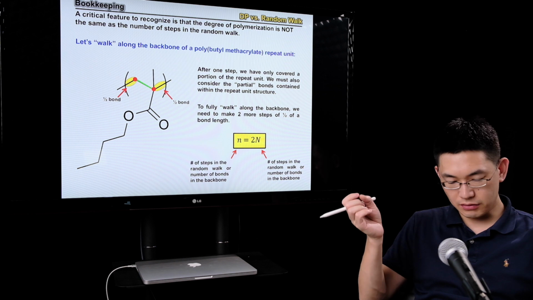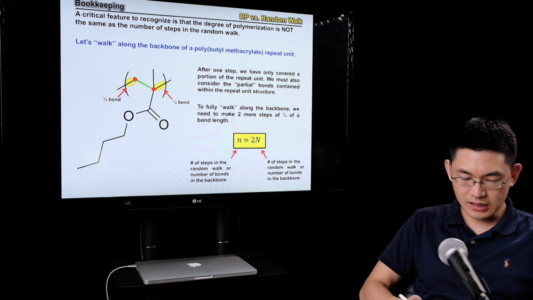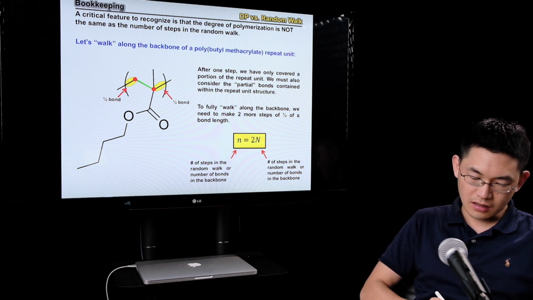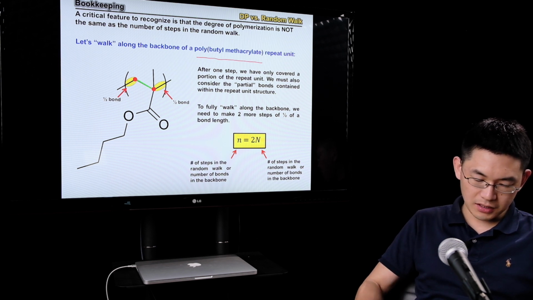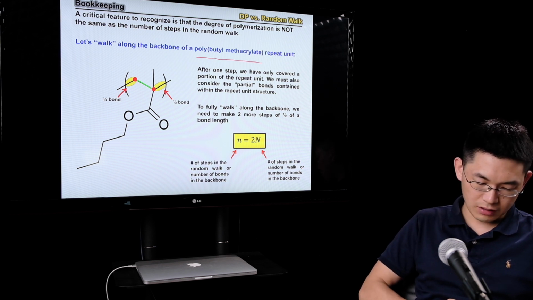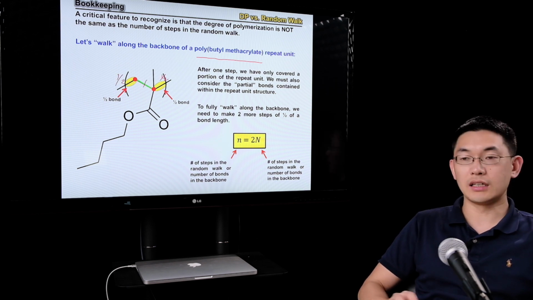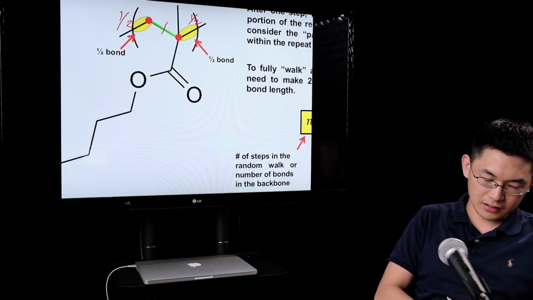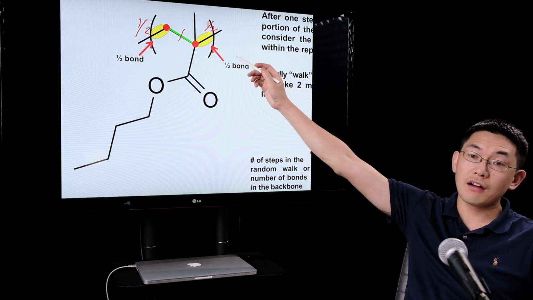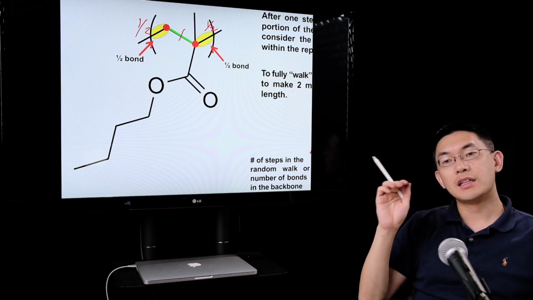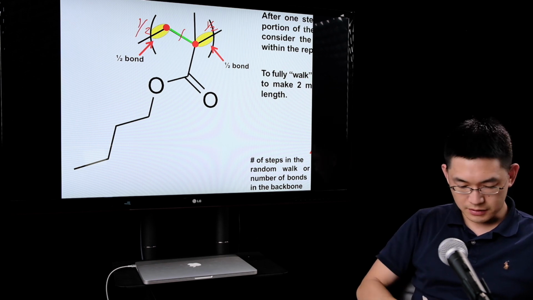In each repeating unit you have 2 carbon-carbon bonds, or in this case I showed again, in poly methyl methacrylate, in each repeating unit you have 1 bond here and a half bond on each side, and the reason we put in a half there is just because they are shared by 2 neighboring repeating units.